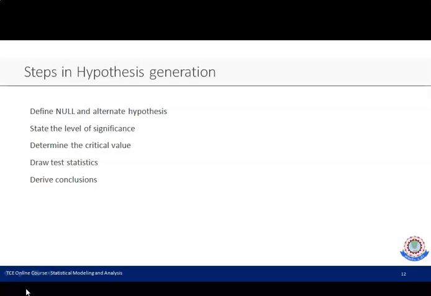The third step, you have to determine the critical value. The fourth step, drawing the test statistic. And finally, deriving a conclusion based upon the result of the test statistic as observed. So these are the major steps in setting up a hypothesis for a test statistic approach.